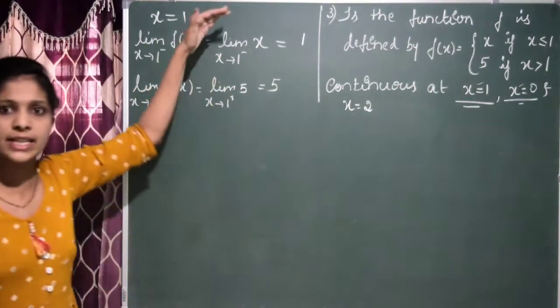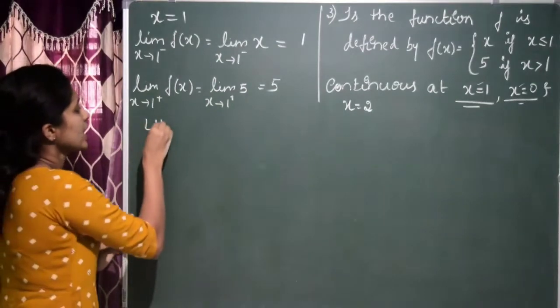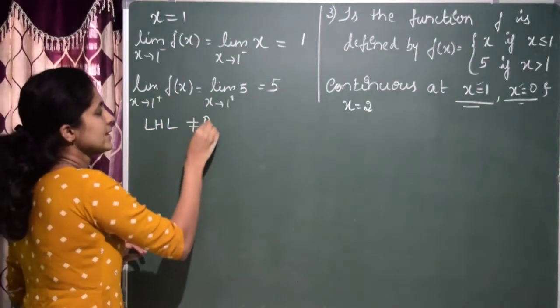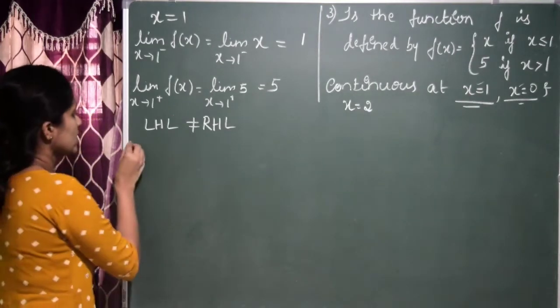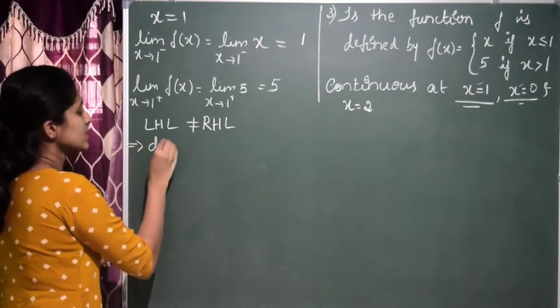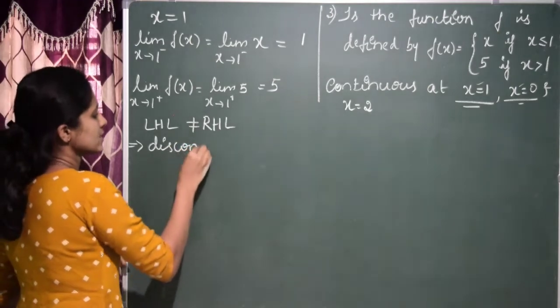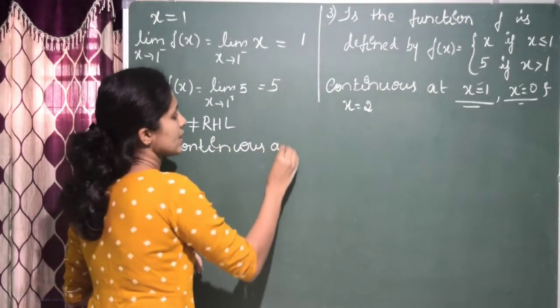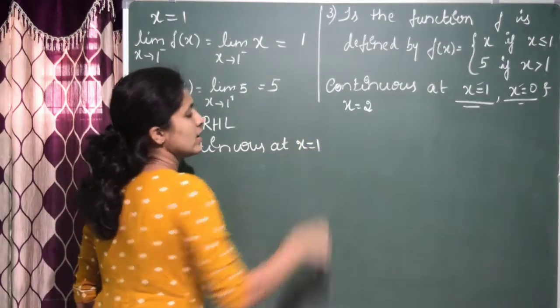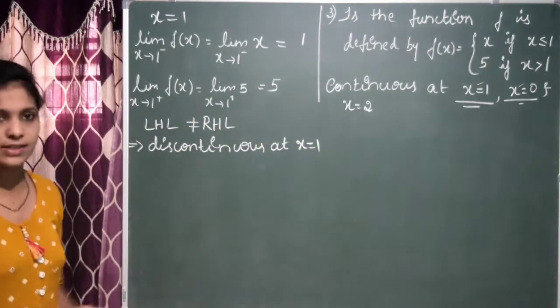So here we can see the left hand limit is not equal to the right hand limit. Is it clear? Left hand limit is not equal to right hand limit. So we can say that the function is discontinuous at x is equal to 1.